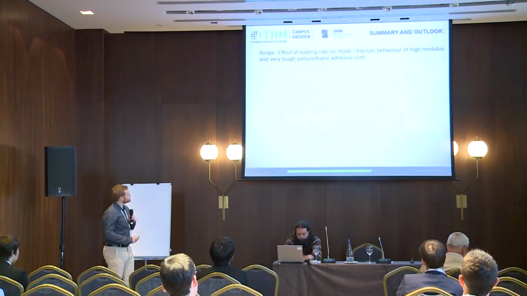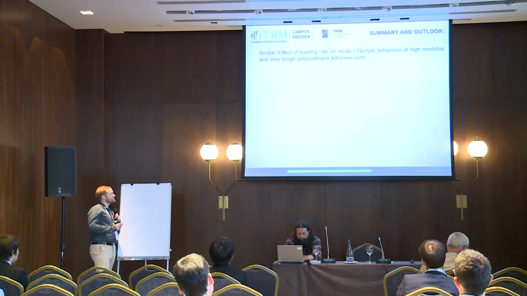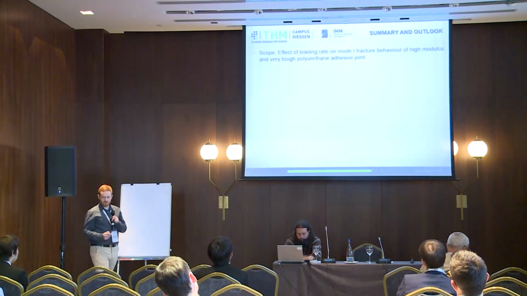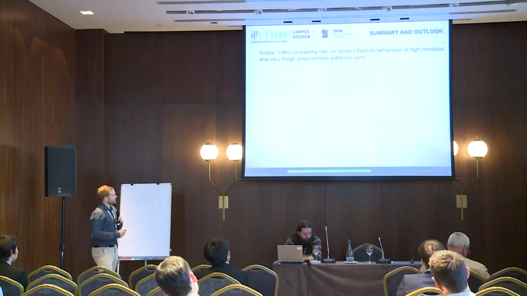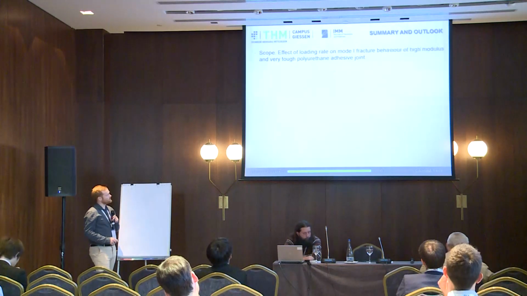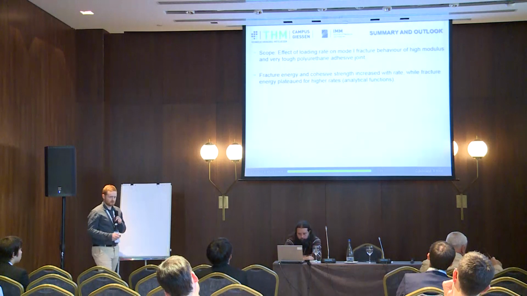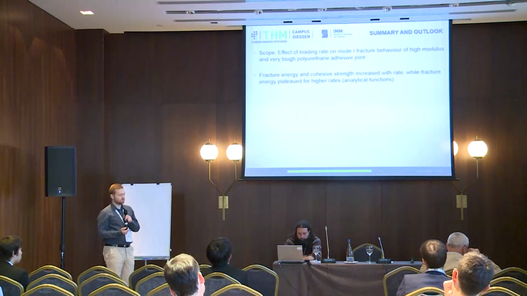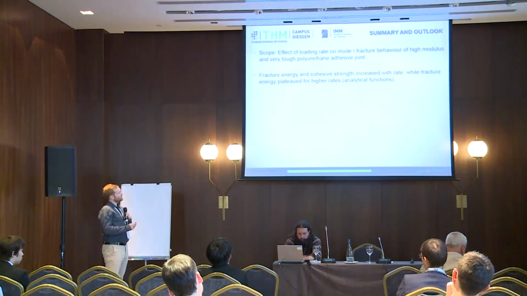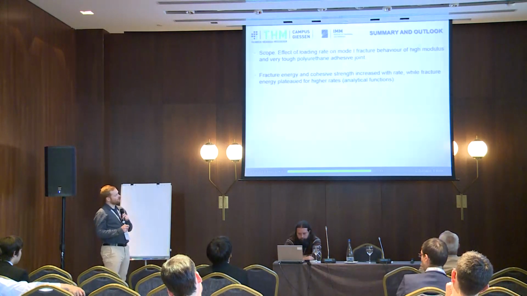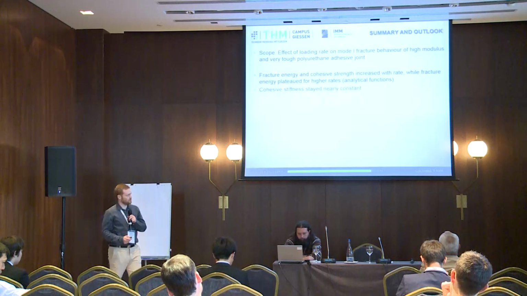So to conclude this, we've investigated the effective loading rate on the fracture behavior of a very tough and stiff hyperelastic adhesive joint. We've seen these analytical functions to describe the rate-dependent cohesive law. Fracture energy and cohesive strength increased, and we had this plateau region for higher rates of fracture energy.